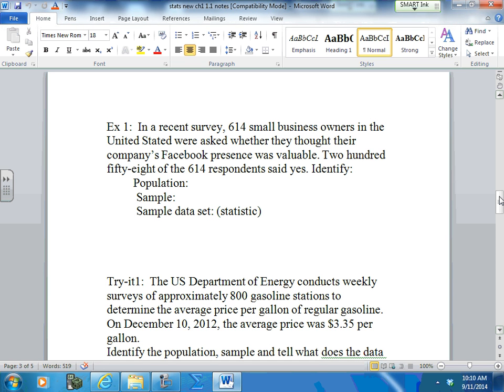So in the first example, in a recent survey, 614 small business owners in the United States were asked whether they thought that their company's Facebook presence was valuable. 258 of those 614 said yes. So first we look at, what is this 614? Population or sample? Sample.